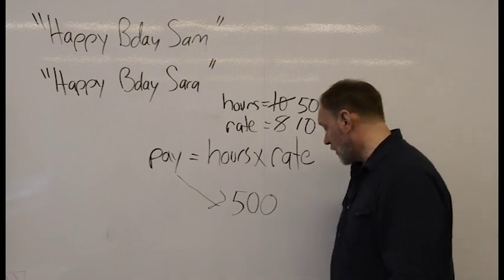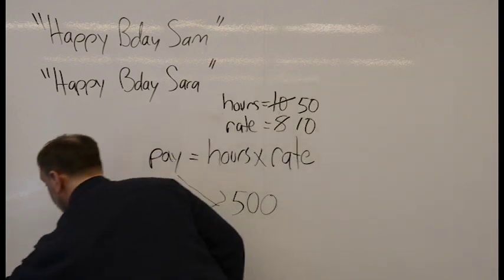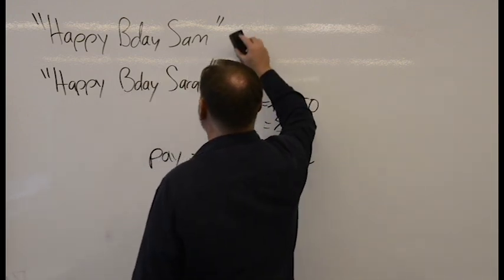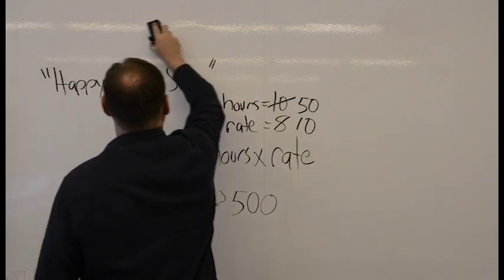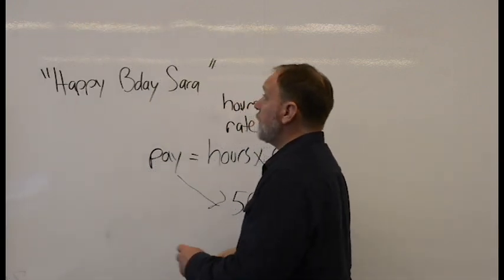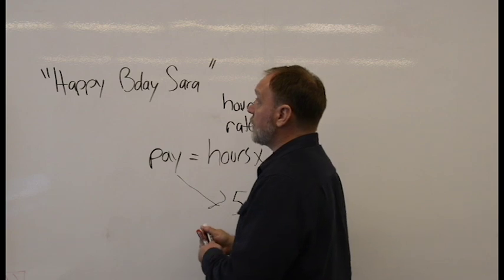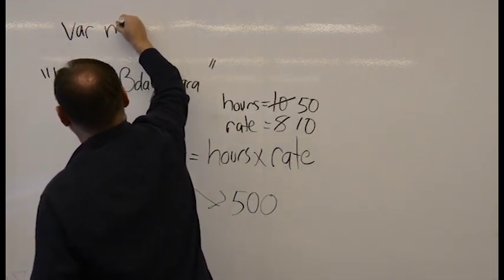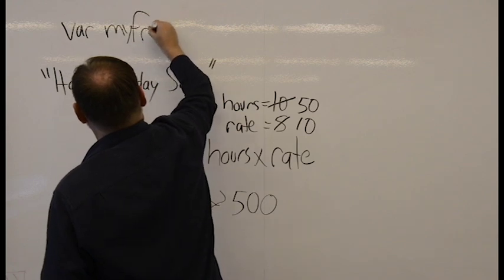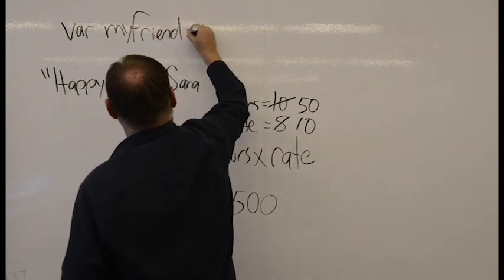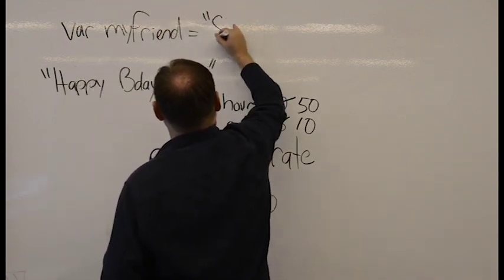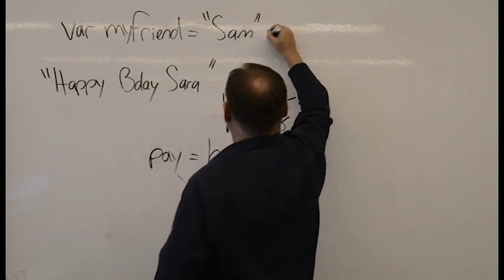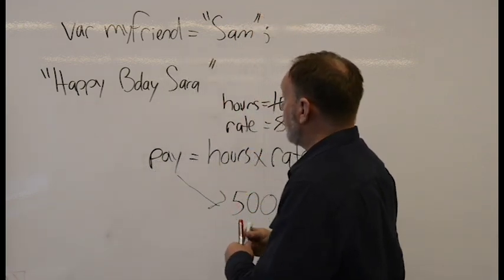Now going back to our birthday problem, we can use a variable here. I'm going to use JavaScript and say var my friend equals Sam. And the statement ends with a semicolon.